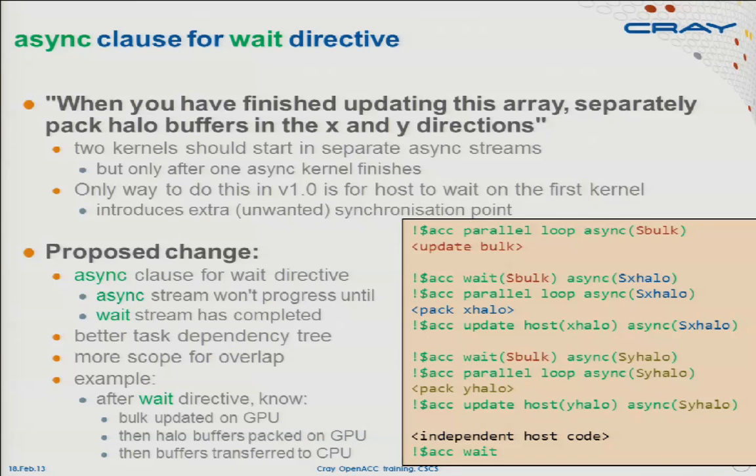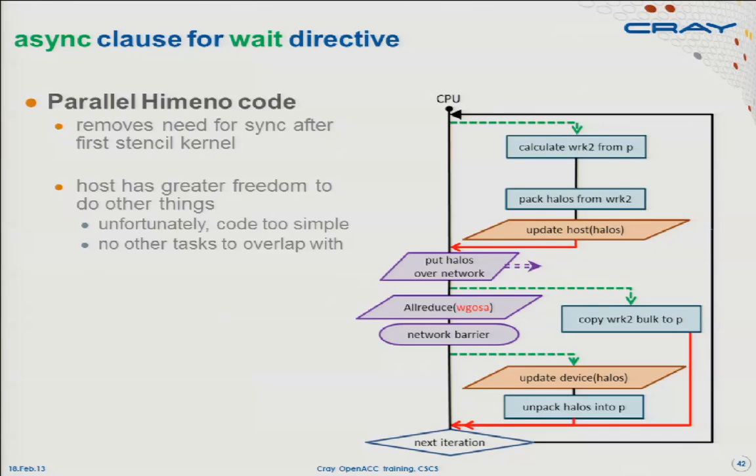Then you're free to go away and do a lot more independent host computation if you want. And then you can wait to complete this whole tree of tasks as opposed to a single string of tasks. It sounds very strange when you start thinking about it, but it's the idea of saying, when you finish doing that, you're going to have some other things to do in parallel.